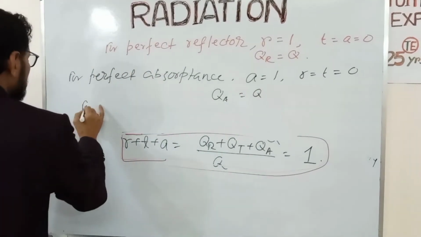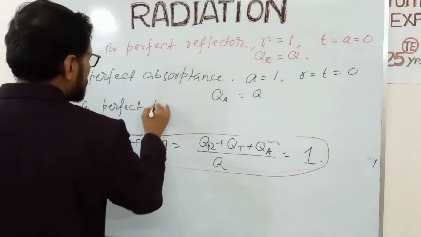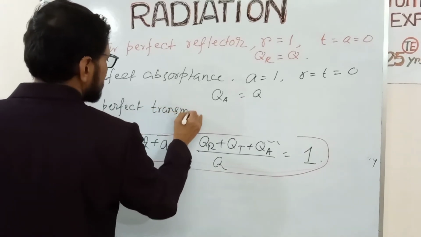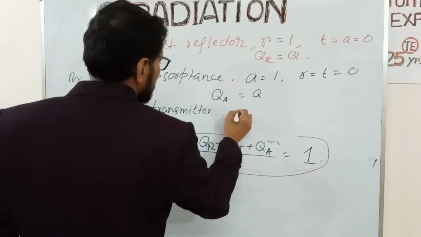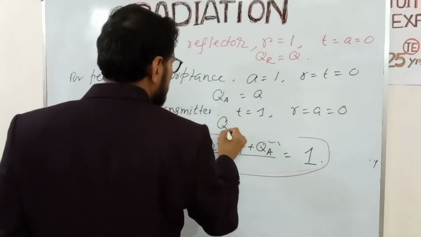And for a perfect transmitter, T equal to 1, so there R and A equal to 0, that is Qt equal to Q.